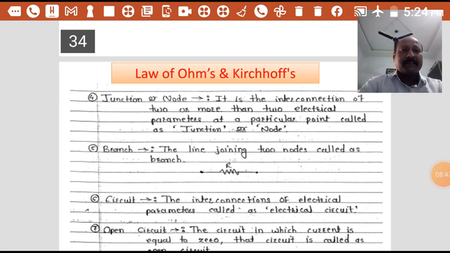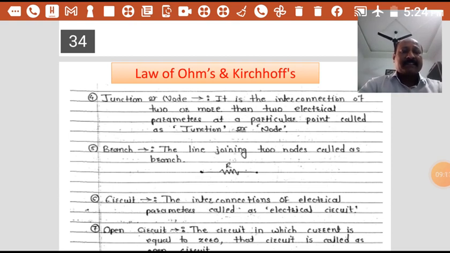So interconnections of two or more electrical parameters means what? Two resistances, or one resistance and one inductance, one resistance and one capacitance, or one inductance and one capacitance. If such interconnections of the electrical parameters are there, then that point is called a junction or node.